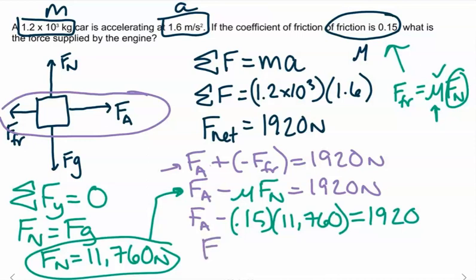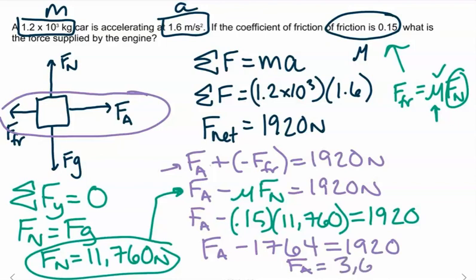Once we've simplified the left side, we end up with force applied minus 1,764 newtons, equaling 1,920. So we'll move that over to the other side. So our force applied, or the force that the engine provides, will be 3,684 newtons.